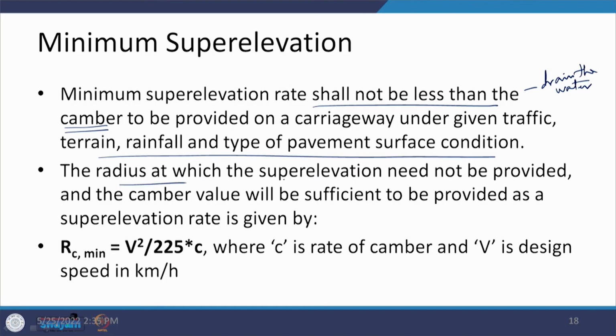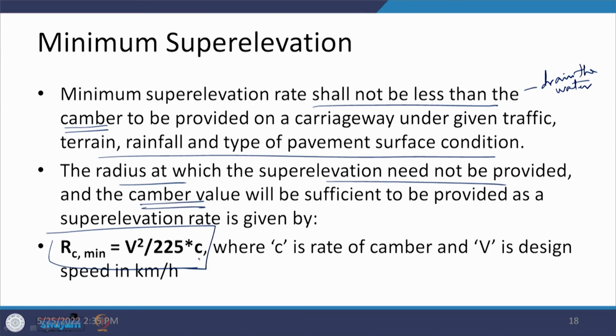So, the radius at which the super elevation need not be provided and only the camber value is going to be sufficient needs to be calculated. When we are calculating that, we are using the same equation, that is R equals V square divided by 225 E, when we consider the effect of 75% of the speed, but the only difference here is that this E is being replaced by C.